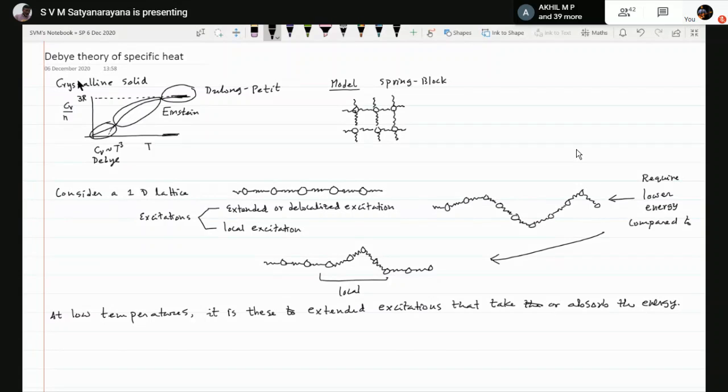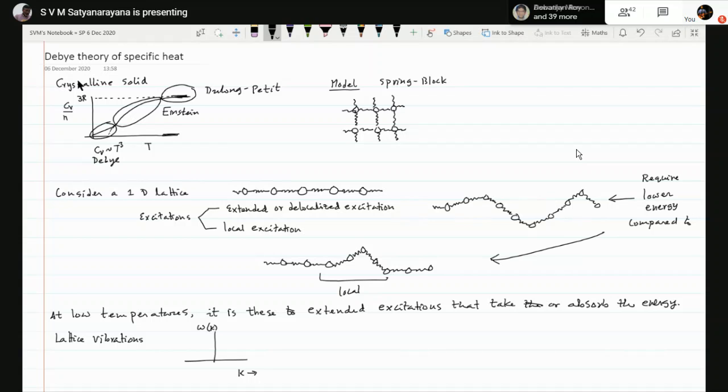For example, I want you to recall, maybe you have studied this already in other courses like solid state physics, that when you study lattice vibrations, you might have studied a dispersion relation, which is something like this. Let's say you have k in this direction and omega of k.